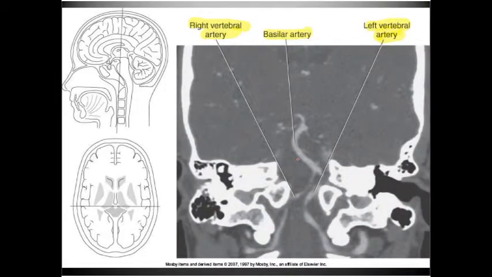Here we have the basilar artery again. We have the right and the left coming into the basilar artery. Pretty much the level of the EAM.